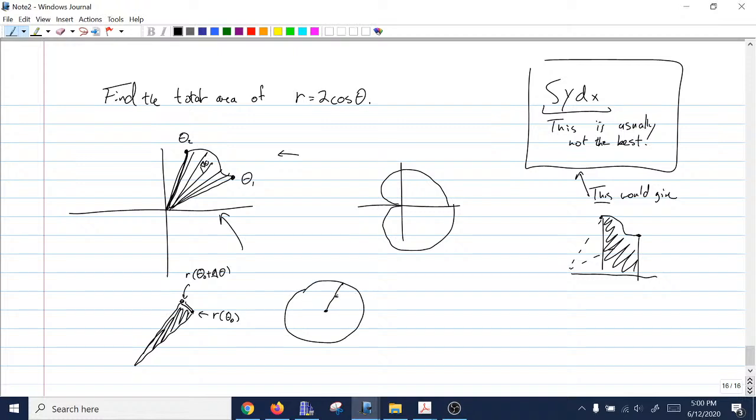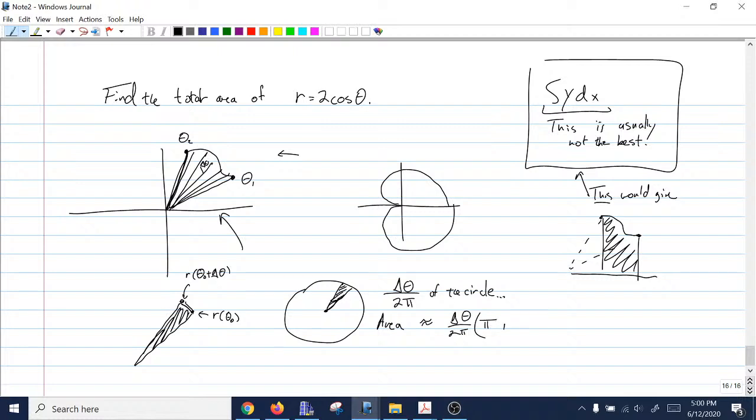How would I find out the area of a part of a circle? Well, think about it like it's a pie graph. Delta theta is the angle that I've used out of 2 pi of the entire circle. So this is the proportion of the circle that we've got. So the area is about that proportion of the area of the whole circle.